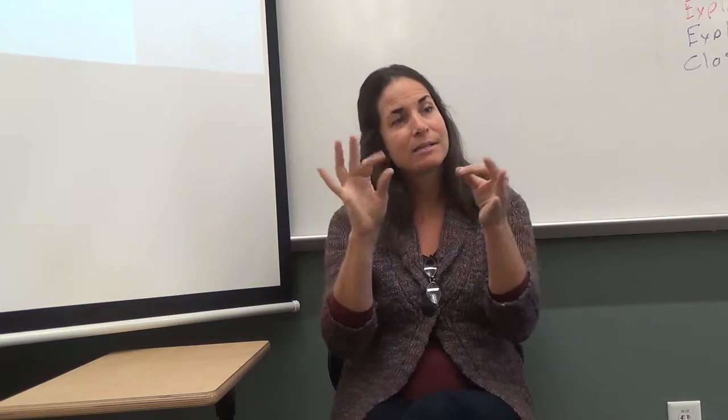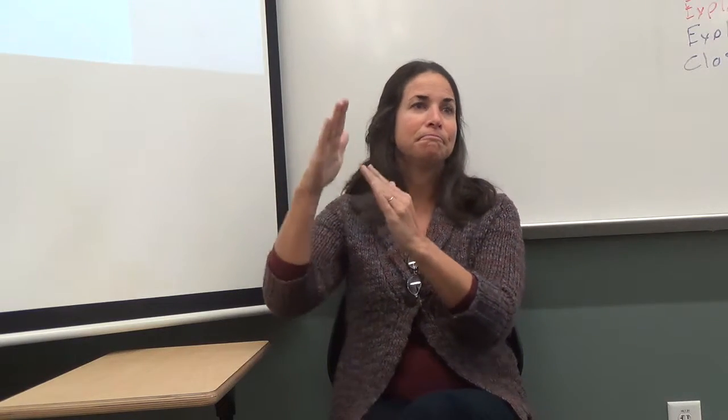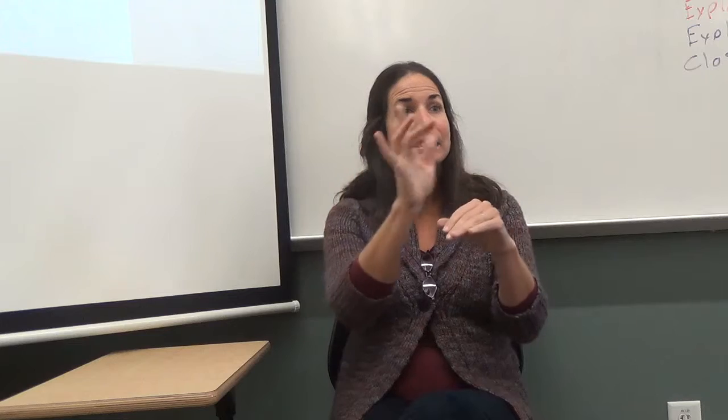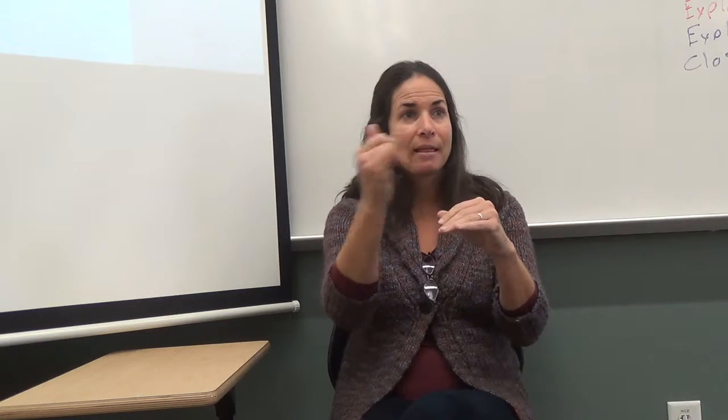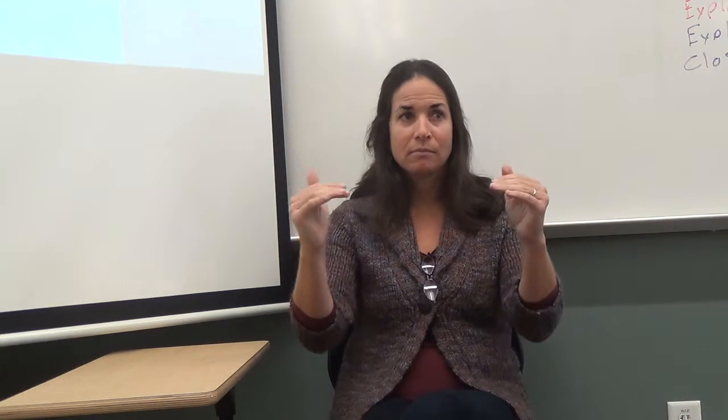Okay? And then you're going to write the sentence. La, la, la. That's a beautiful sentence, the best sentence I've ever written. Okay, and then you're going to skip a line.